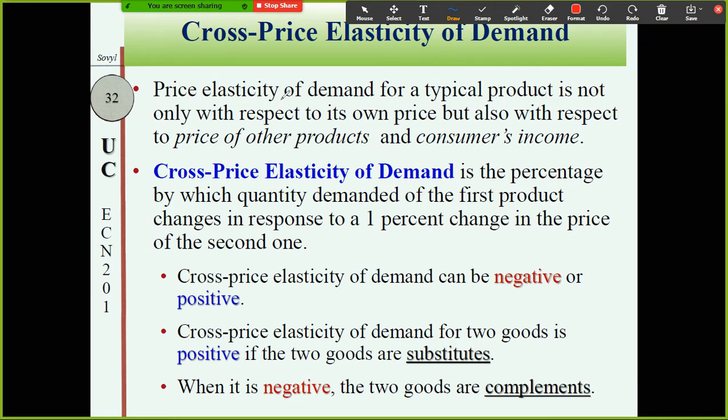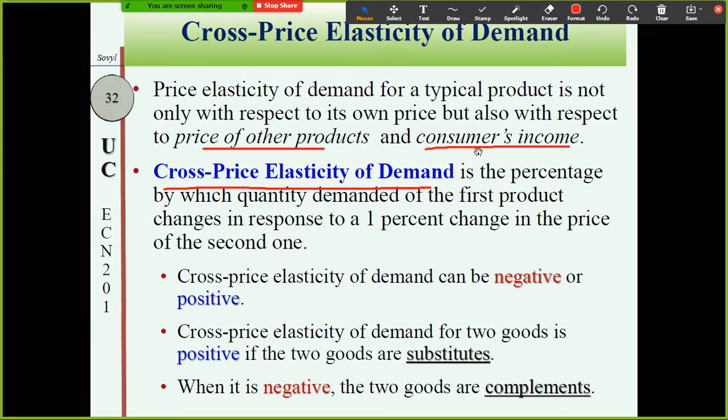So price elasticity of demand for a typical good is not only with respect to its own price, but also with respect to the price of other products. We call this cross price elasticity of demand. It depends not only on the price of other products, but also on buyers' or consumers' income.